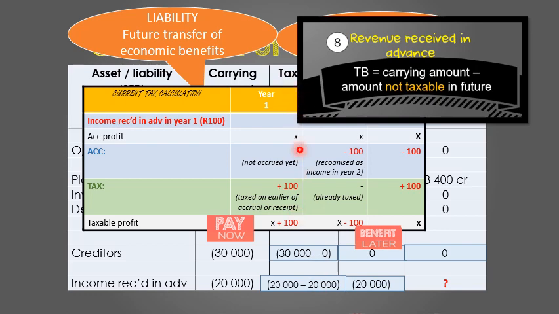At the end of year 1, we will not be taxed on that income again, because we've already been taxed on it in year 1. So the amount that will not be taxable in future is the full 20,000. So my income received in advance tax base is 0. And if we now do our calculation, minus 20,000 minus 0, it gives us minus 20,000 and a deferred tax asset.